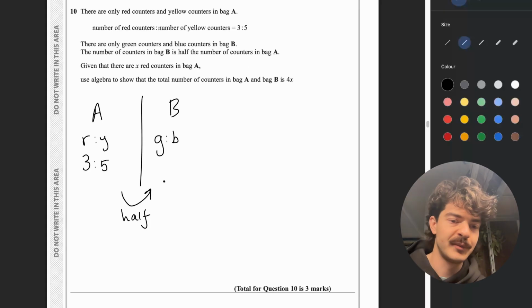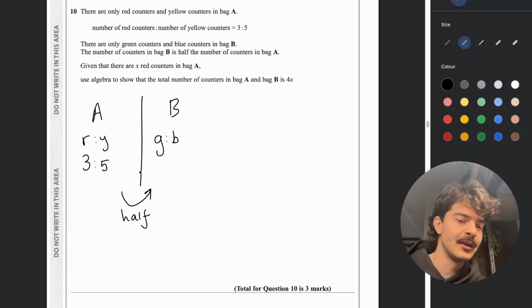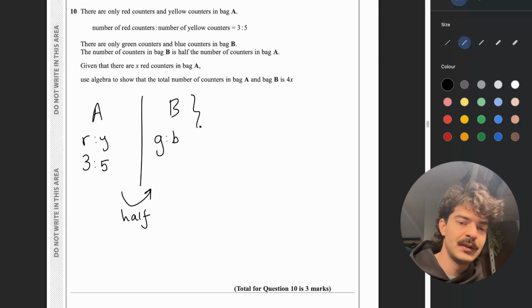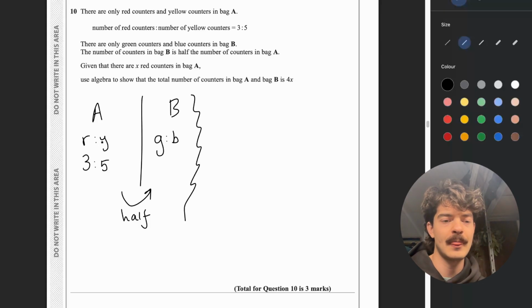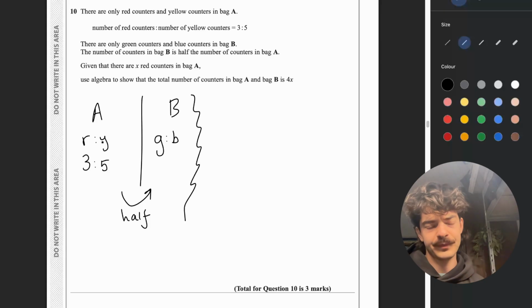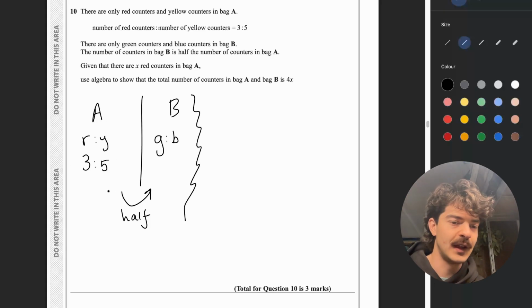So this is half, but we're never given the ratio in bag B, but does it matter? Well, let's find out. We're being told that red is the equivalent of x. Now, I think a nice way to think about this is let's scale up.